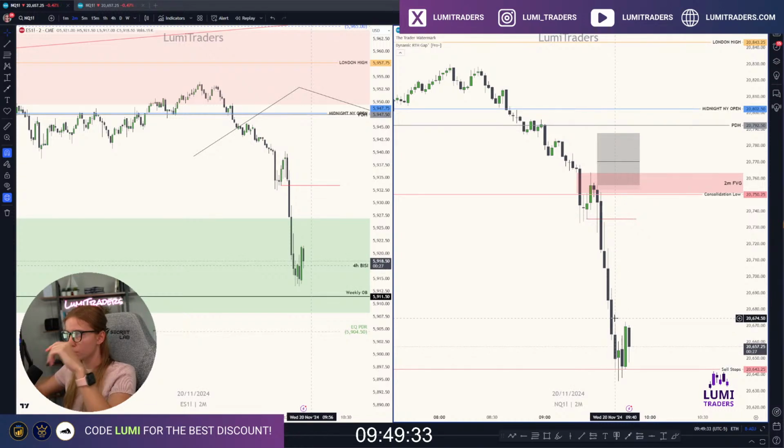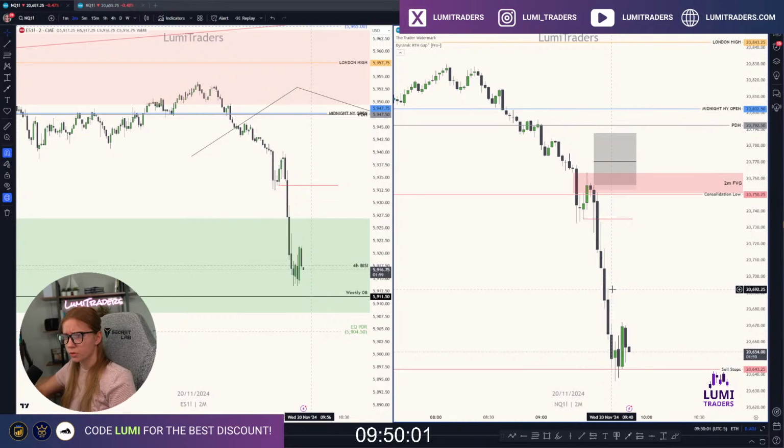That should also work, but without this, it's kind of tricky. Actually, New York Midnight Open, just a conservative target.